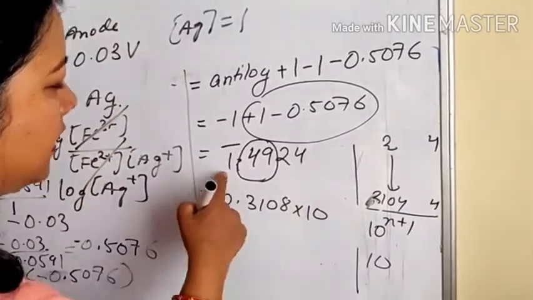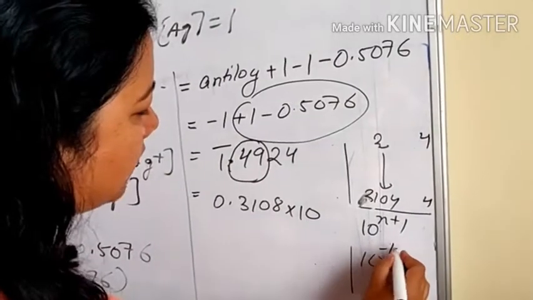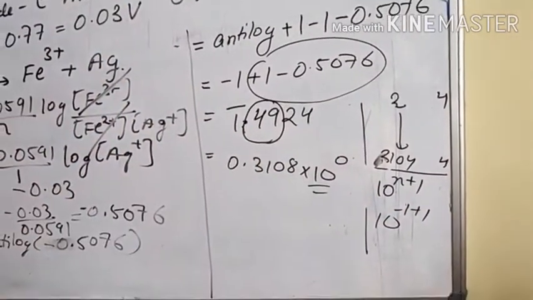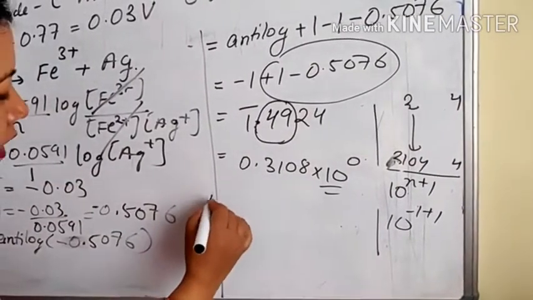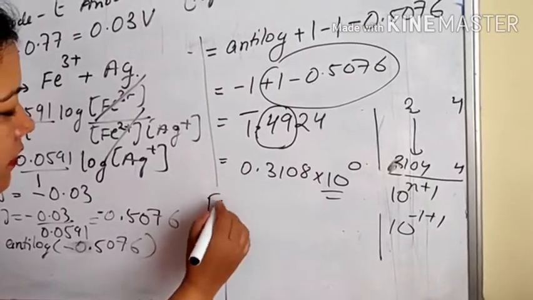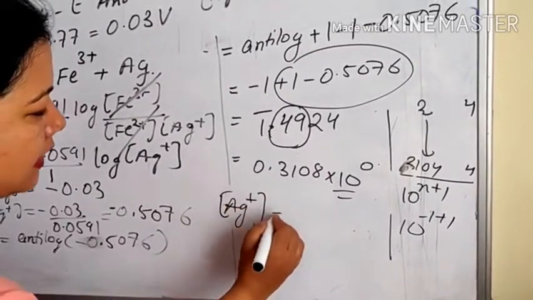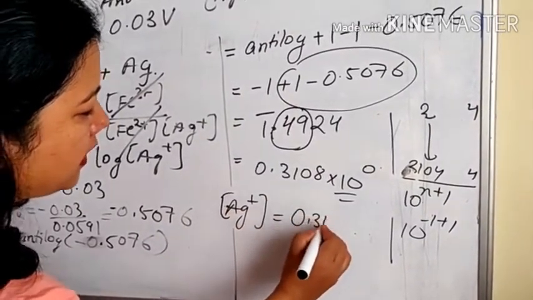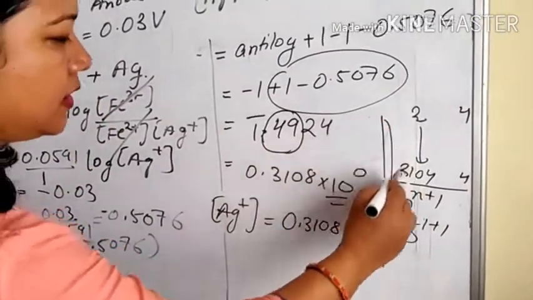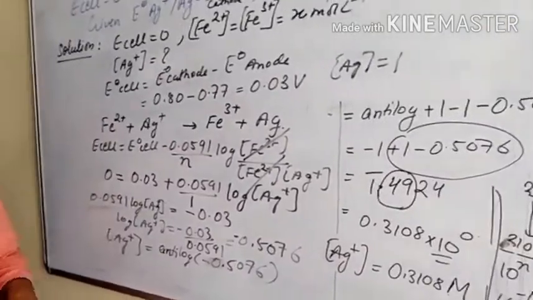What is n here? 1 bar means minus 1 plus 1, so 10 to the power 0, and 10 to the power 0 is 1. Therefore, the concentration of silver ion for this cell is equal to 0.3108 mole per liter. So this is the answer for this question.